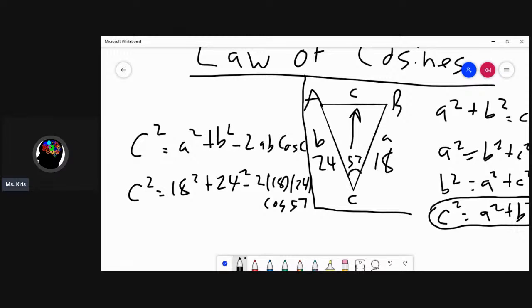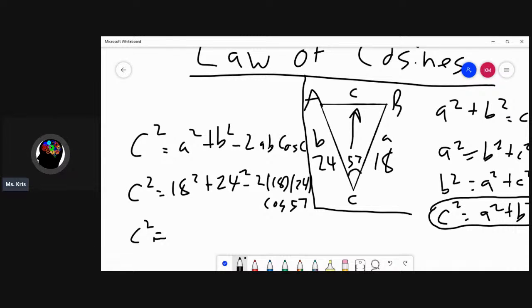Now, when you solve all of this together, make sure that you've squared the 18, you've squared 24, and you've multiplied 2 times 18, 24, and cosine 57 together.